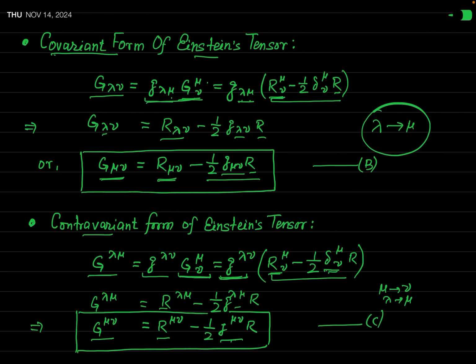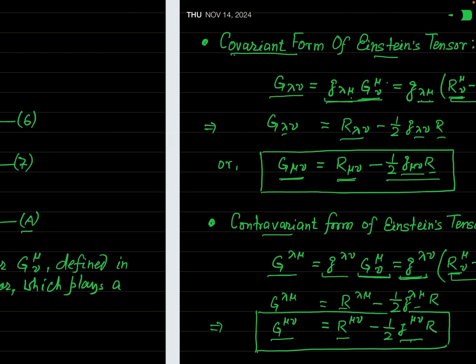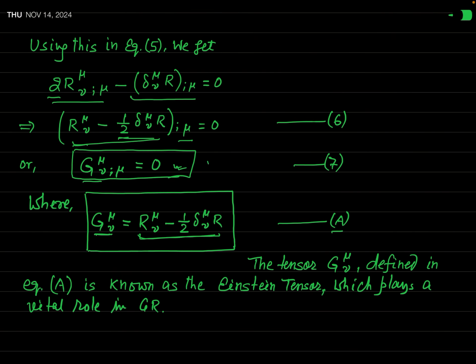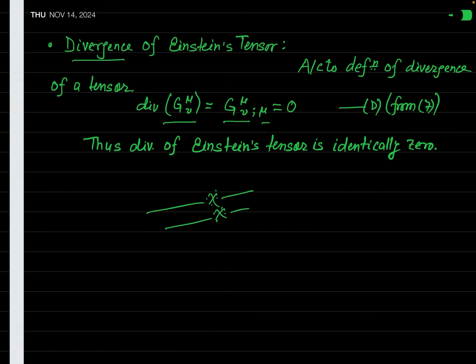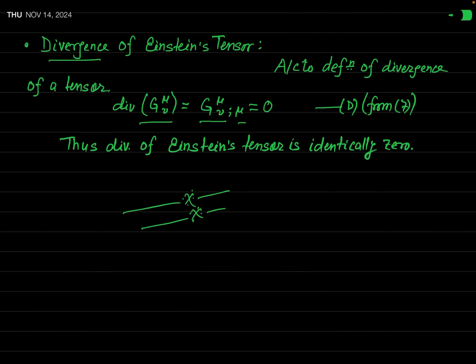But you have already seen earlier in equation number 7 that the covariant derivative of this tensor g mu nu, which is the Einstein tensor, is equal to 0. So we can easily say that the divergence of the Einstein tensor vanishes, or this is identically 0.